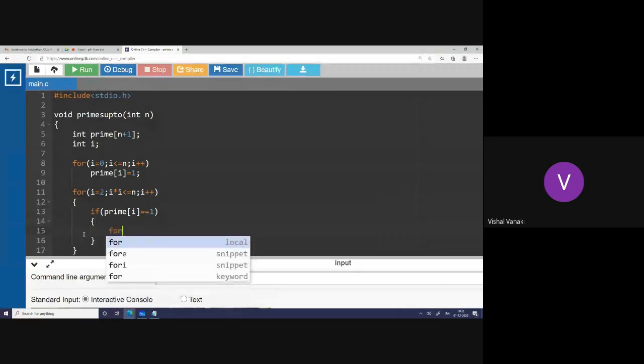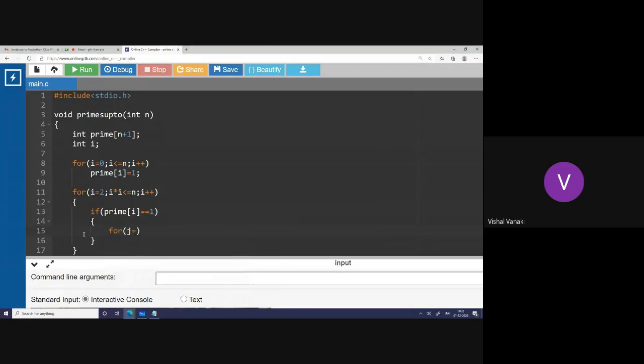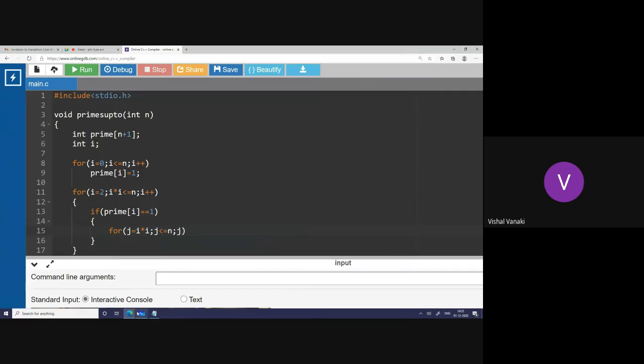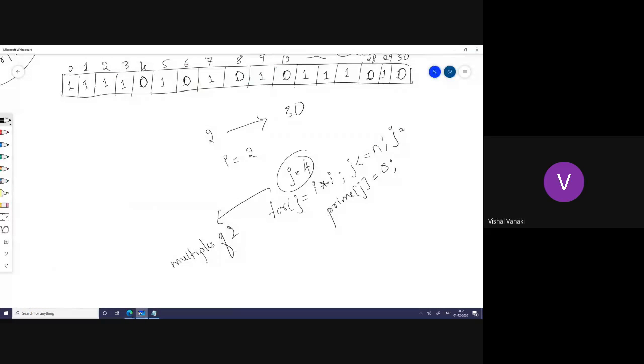J is equal to I star I, j less than or equal to n, and j is equal to, how do I increment? Initially I value is equal to 2 and j value I have started from 4. So I made prime of 4 as 0. Now which is my next multiple of 2?